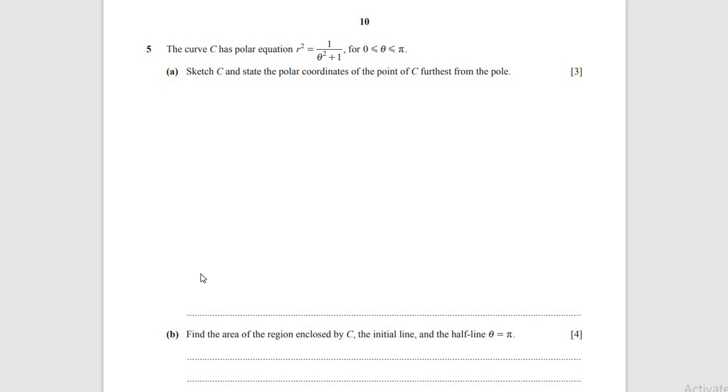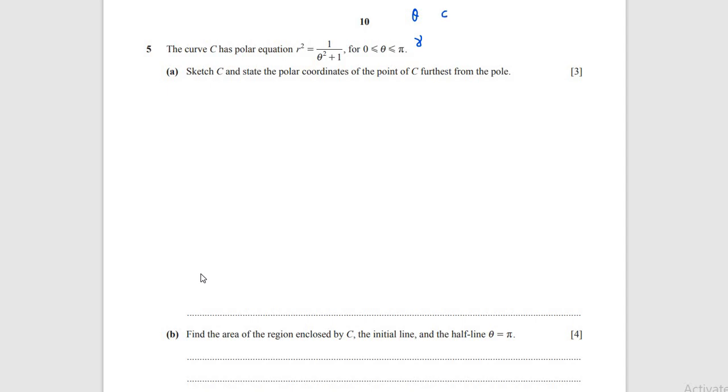First, let's draw the table. Theta is between 0 and pi. So we have theta and we also have our radius, r squared.